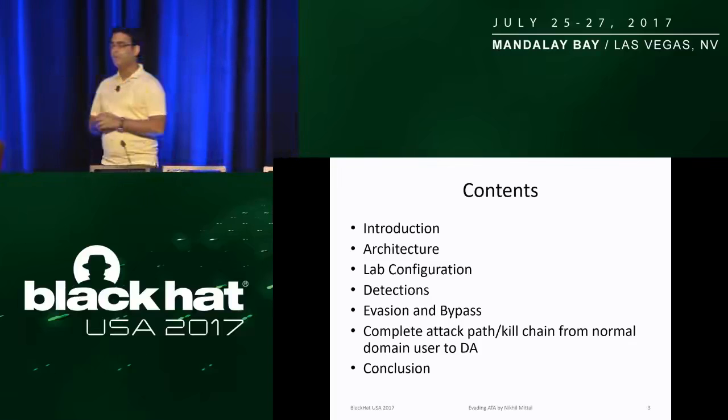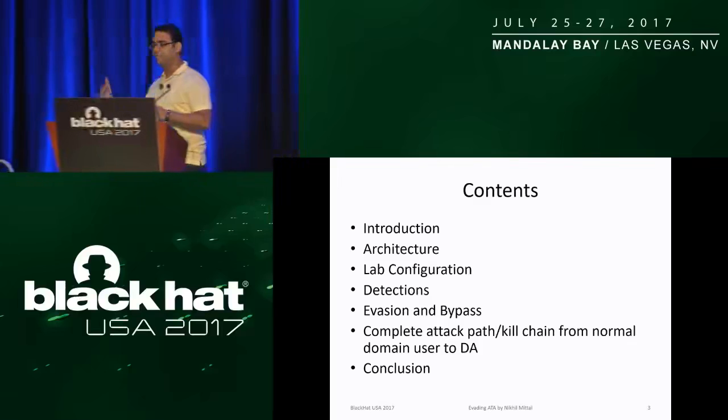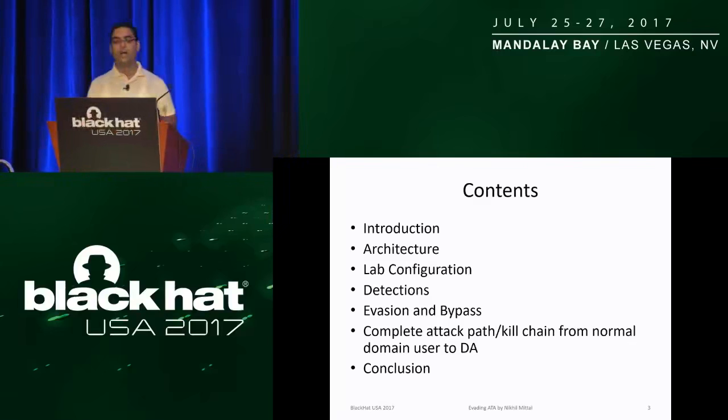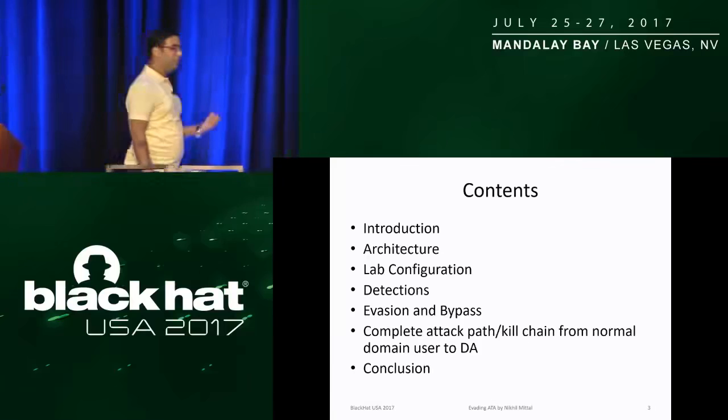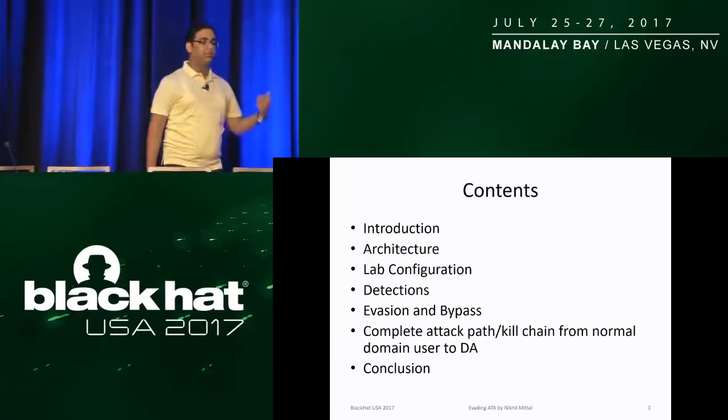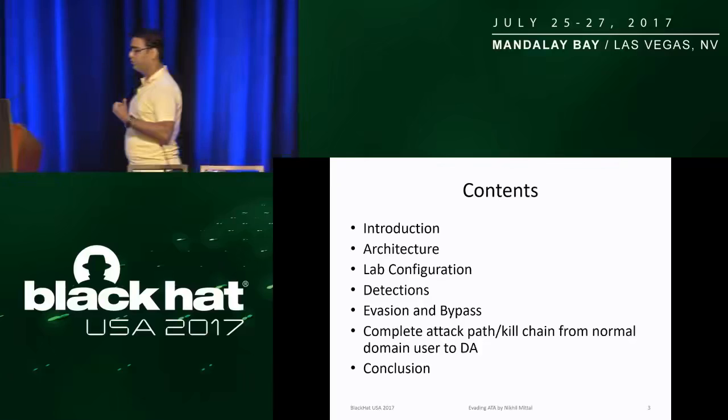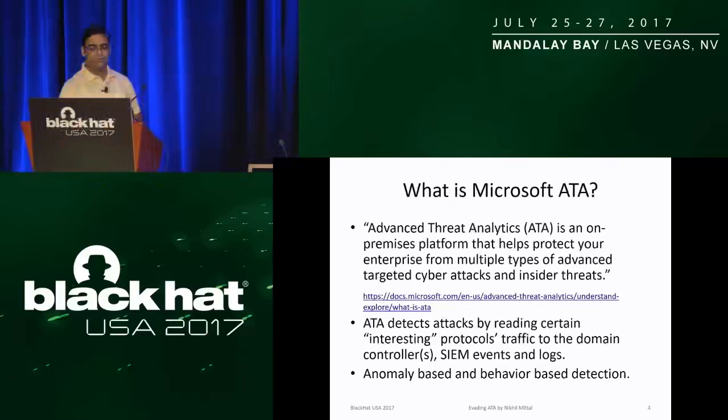And so domain dominance, that is, once you have domain admin privileges, you can clearly have a domination over a domain. Then next comes attacking ATA. Once we have enough privileges, is it possible to attack ATA in some sense or some method? Then we'll conclude with that.